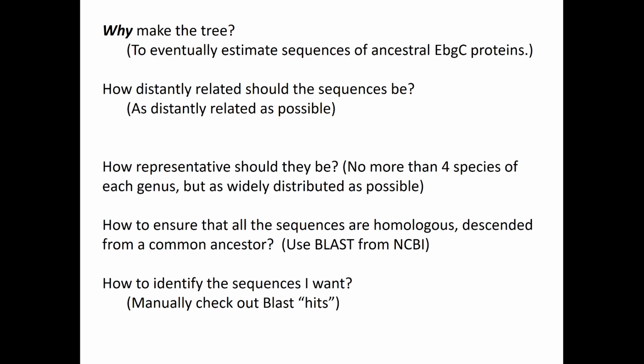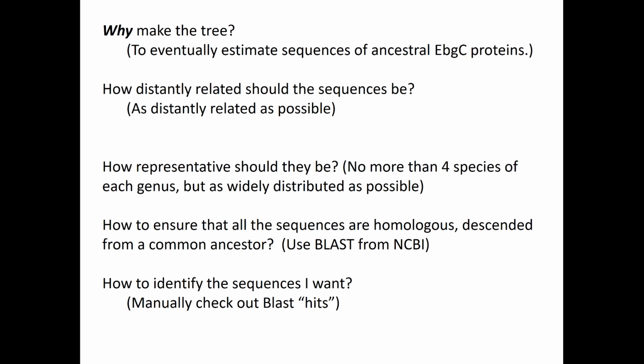And that brings up another question. How distantly related should these sequences be? How exhaustive do I want to make this? For my purposes, I want to get sequences that are as distantly related as possible. How representative should they be? Do I want to put onto my tree every known homolog of the EBGC gene of E. coli?